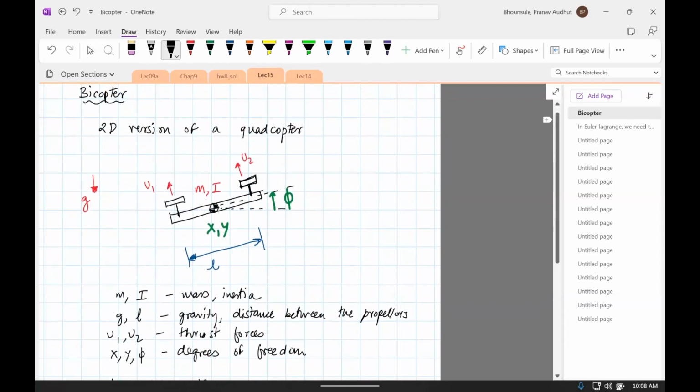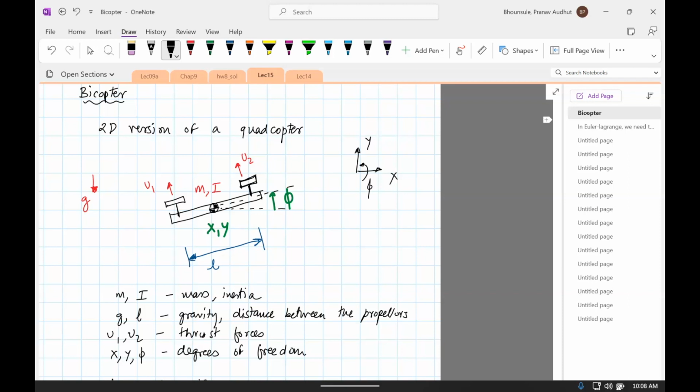So see u1 and u2. u1 and u2 is producing a force in the vertically up direction of the current orientation of the bicopter, but we want the force in the x, y, and the phi direction. So clearly we could do this by trigonometry, right? You could take u1, resolve it along y, resolve it along x.